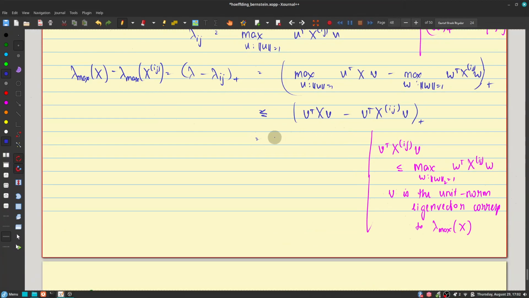Now this is equal to V transpose (X minus Xij) V. Now what does X minus Xij look like?